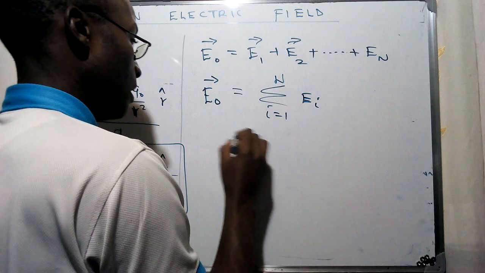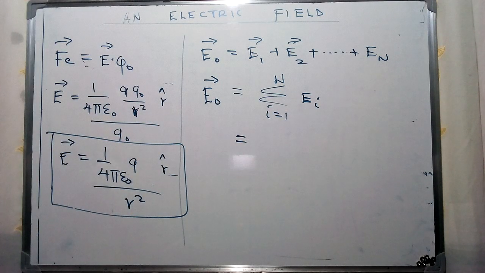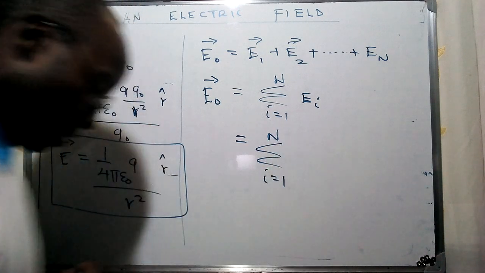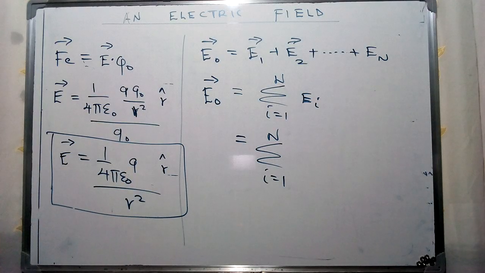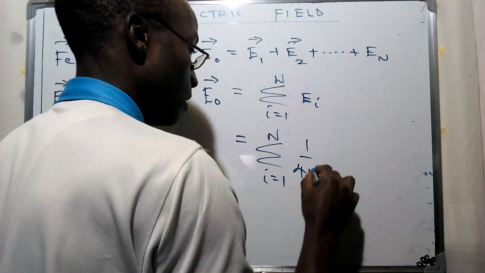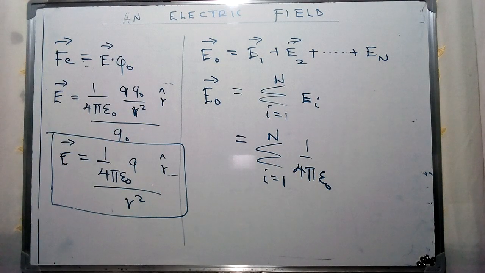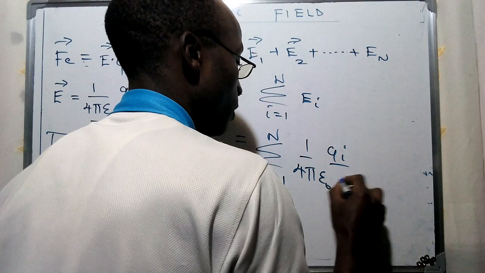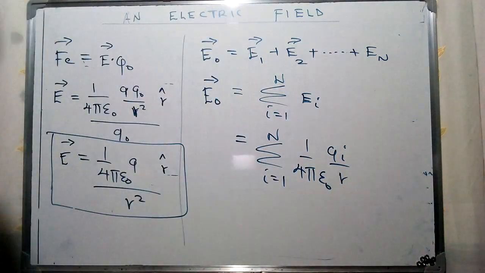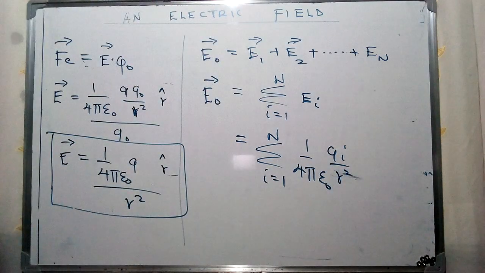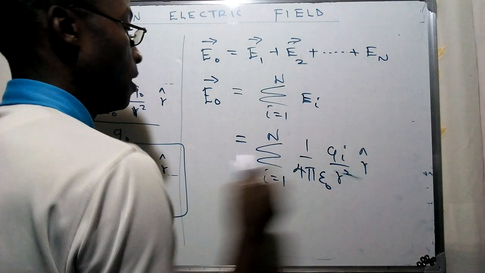Now this can be expanded as well, and we have it represented as the summation from i equals 1 to n particles, which result in various other forms of these fields, and then that is Q_i over the square of R, which is the separation distance, with the unit vector represented as such.